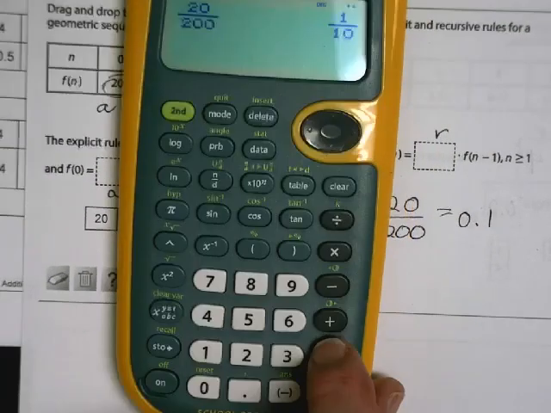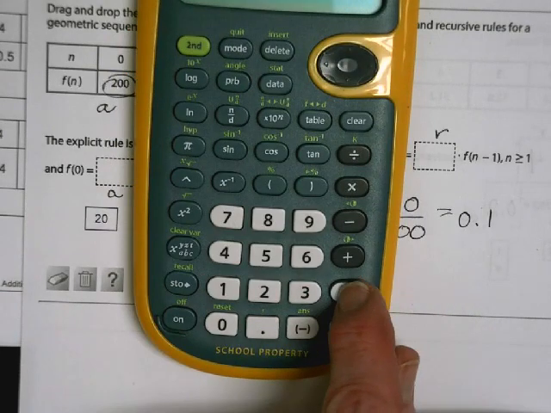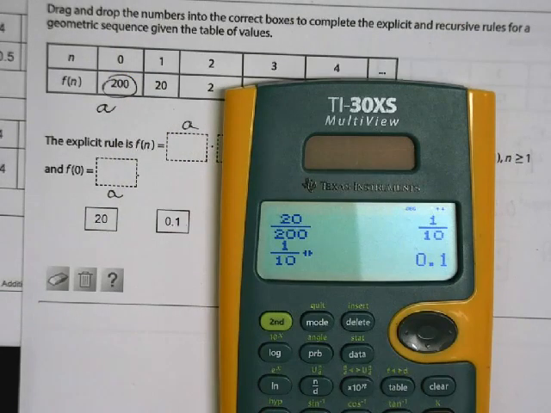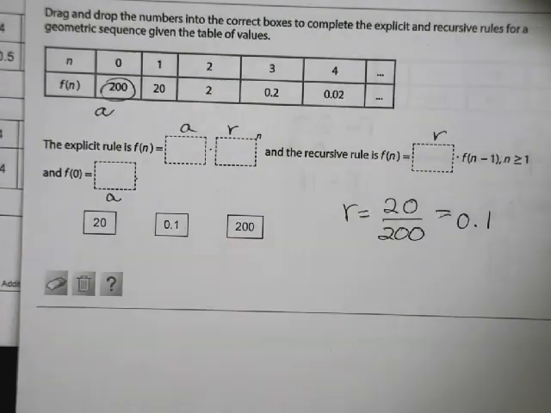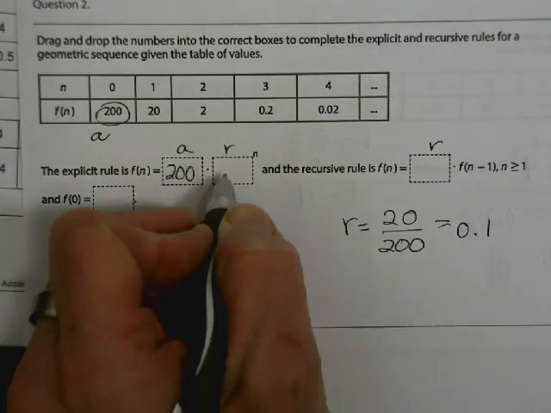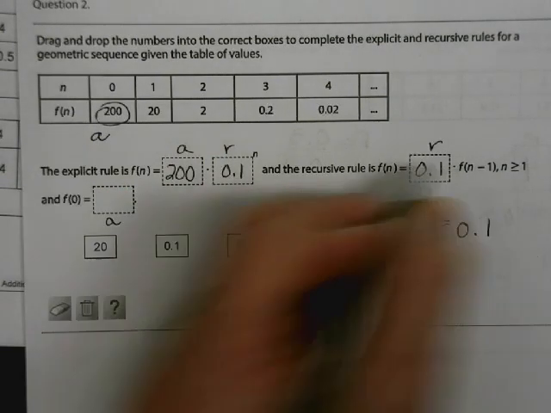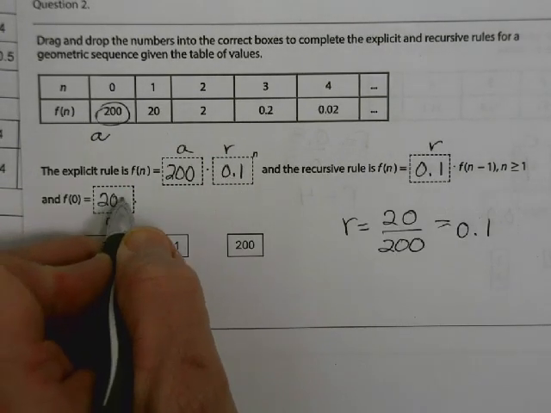You can use the arrow. I put this guy in, it's this little sideways toggle button down here. It'll take it to a decimal.